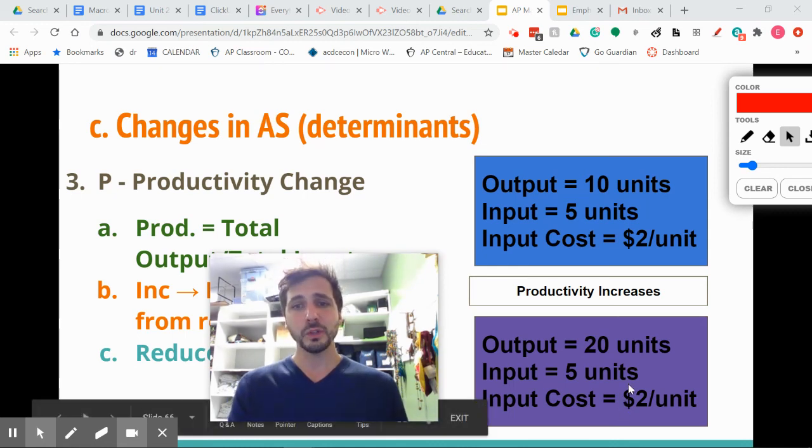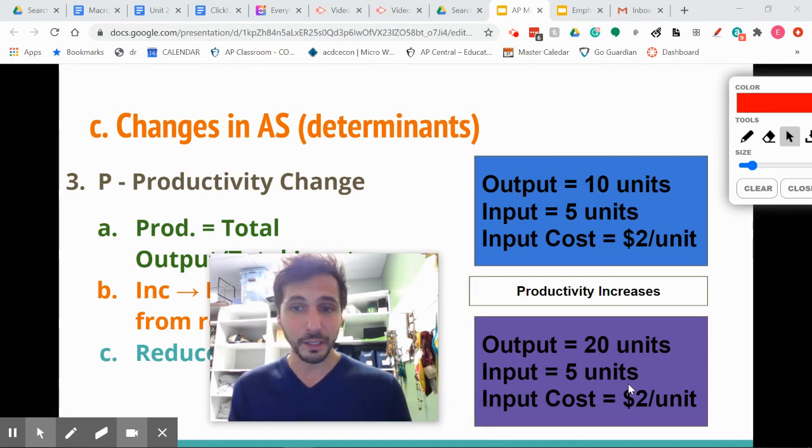When I jump down below, notice I'm using the same 5 inputs, and it costs me the same price, $2 per unit. So my total costs are going to be $10. My output is 20. So 20 divided by 10, now I get 4 outputs for every input I put in, right? So as a result, my productivity has increased and my per unit production cost has gone down. $10 divided by the 20 units I produce, each unit is going to cost me 50 cents, and I can sell it for a lot more.